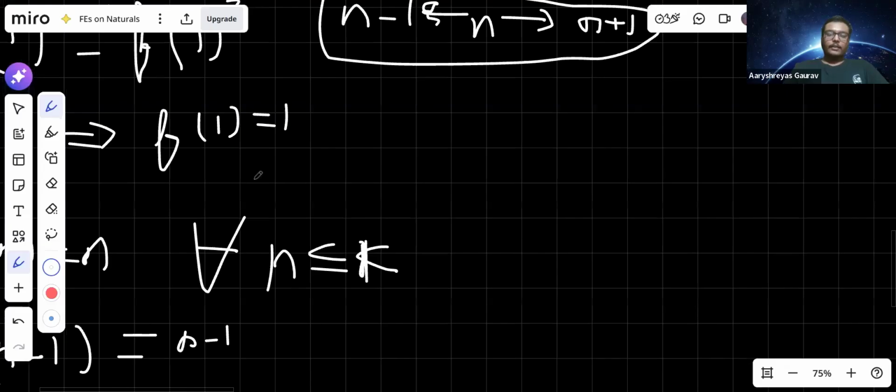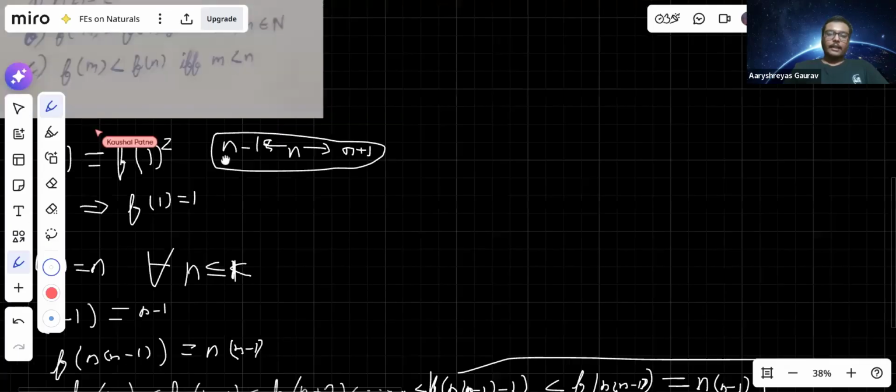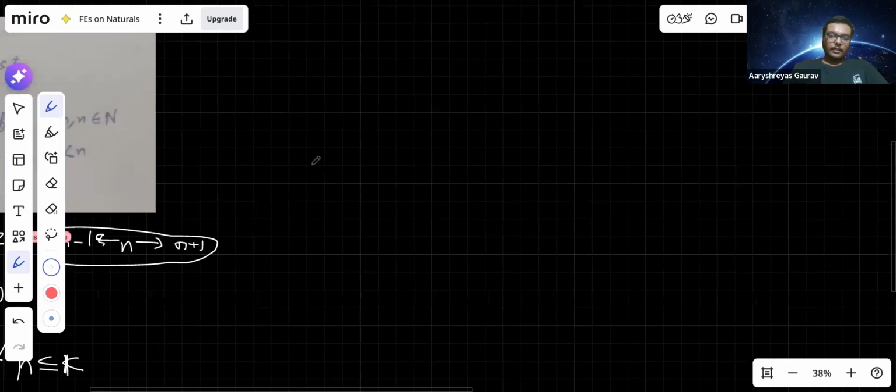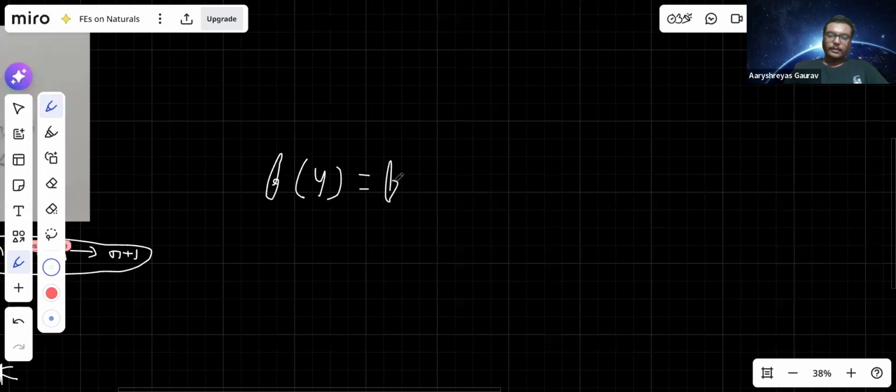We have got f of 1 and f of 2. Now we see that f of 4 is nothing but f of 2 whole square because of the second condition, which is equal to 4.